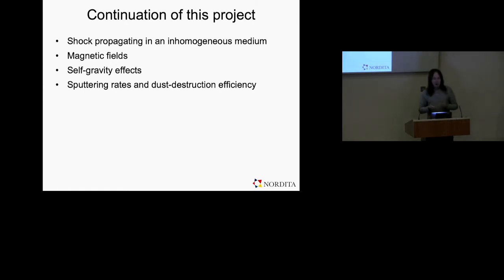And then again, what I haven't been doing is calculating the sputtering rates or dust destruction in any kind of way. That is partly because we haven't done all the other things yet, but also because doing this in 3D is extremely expensive. So we want to try the simpler things first, of course.